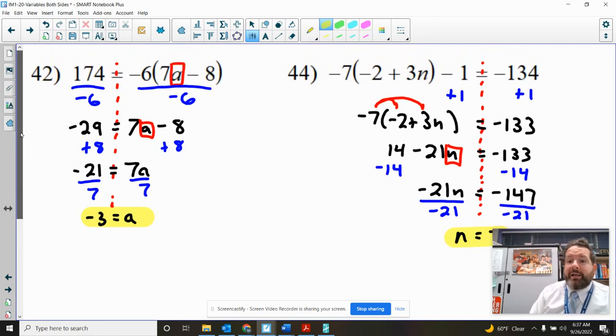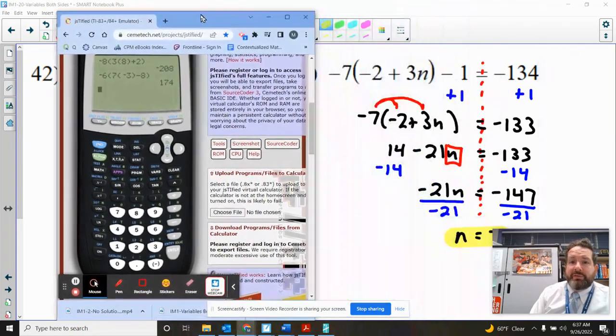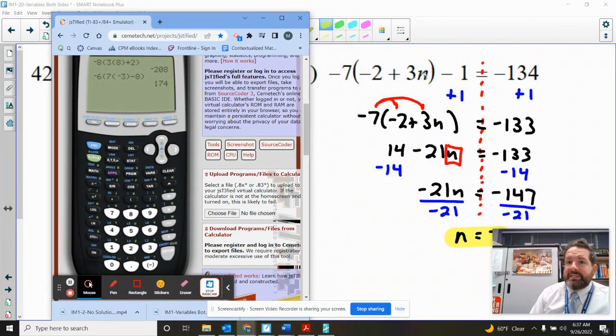Let's do a quick check. So I think n is the number 7, going back to the very original equation. So I'm going back to this top row as it was printed. I'm going to put in the left-hand side. Hopefully we end up with -134. So -7 times parentheses, -2 plus 3 times the n, which I think is 7.